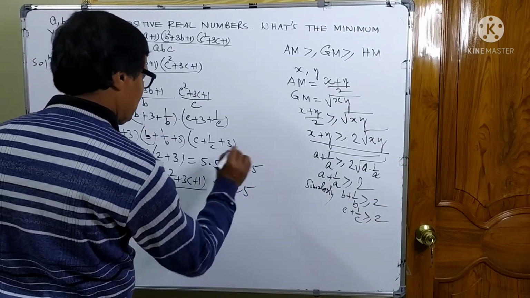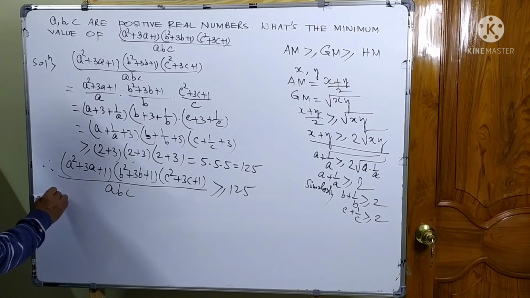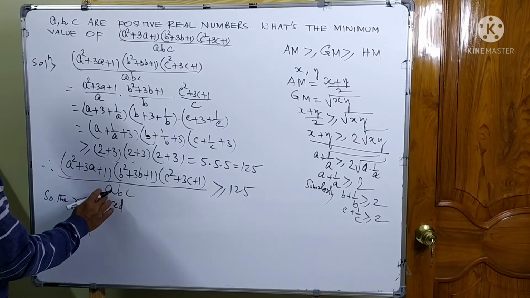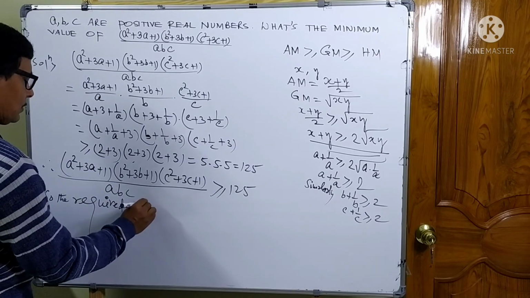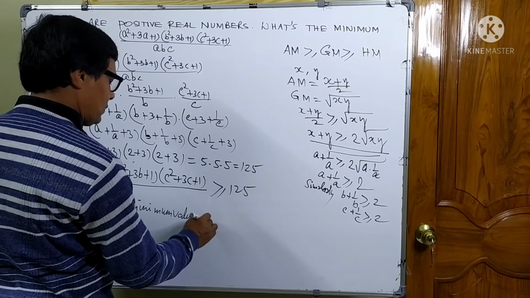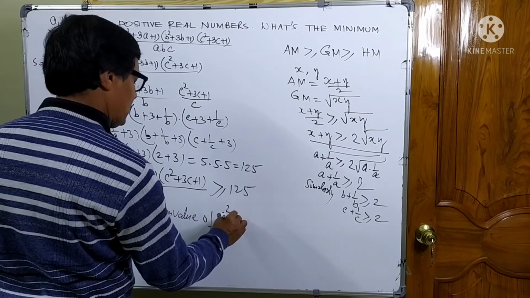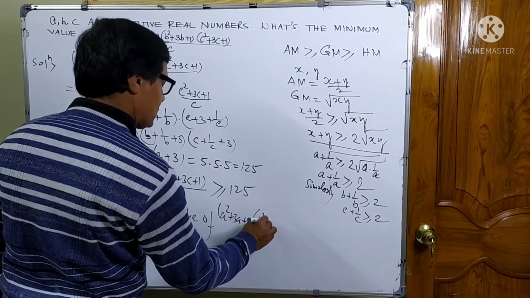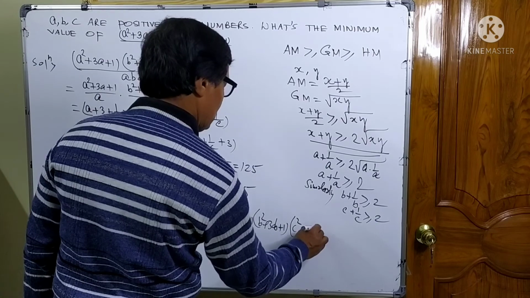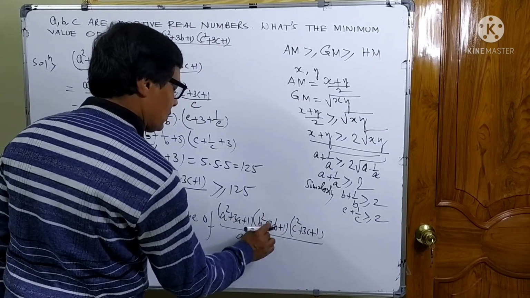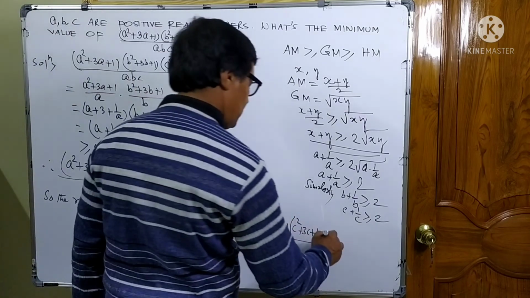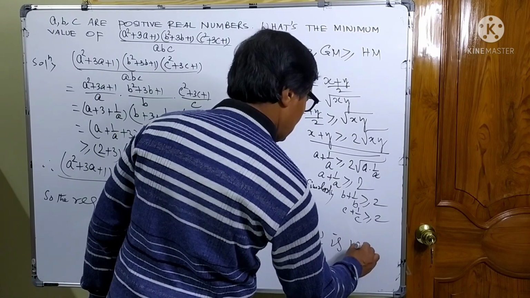So the required minimum value of (a² + 3a + 1)(b² + 3b + 1)(c² + 3c + 1) over abc is 125.